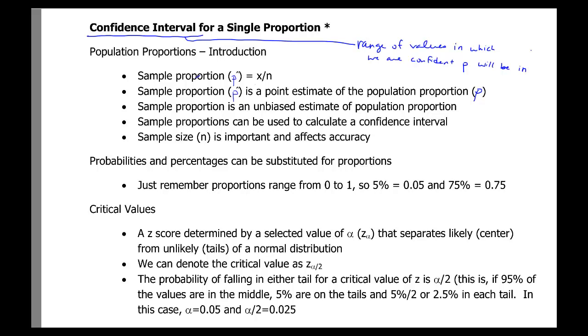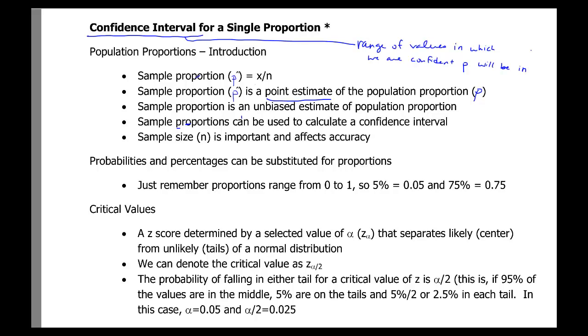So just a quick reminder, sample proportion, or p hat, equals x divided by n. Sample proportion is considered a point estimate. That's a phrase that you'll see in different problems. So point estimate is the sample proportion. A sample proportion is an unbiased estimate of a population proportion.